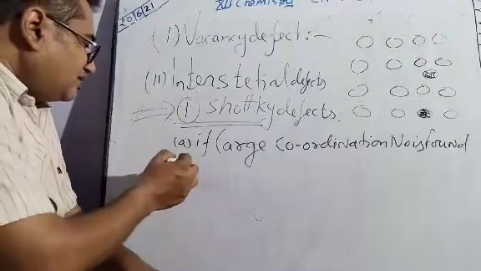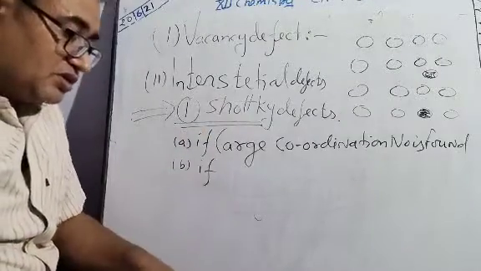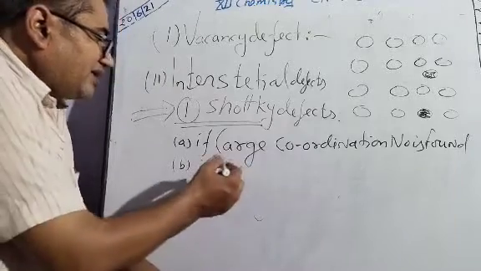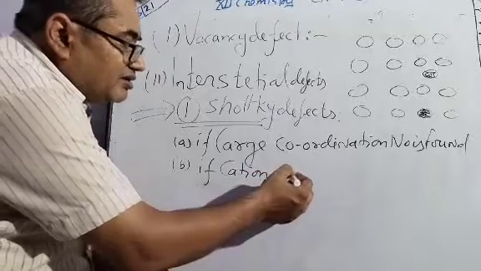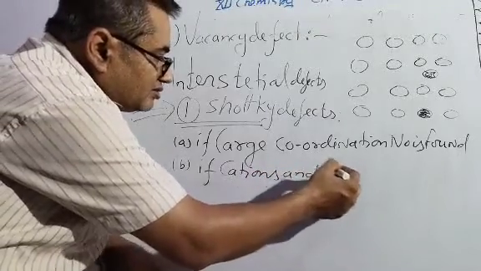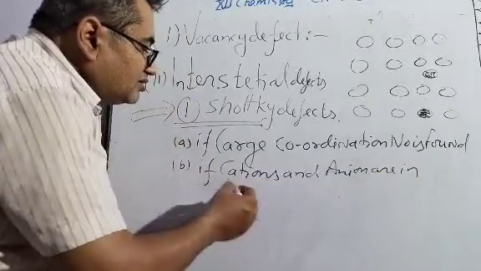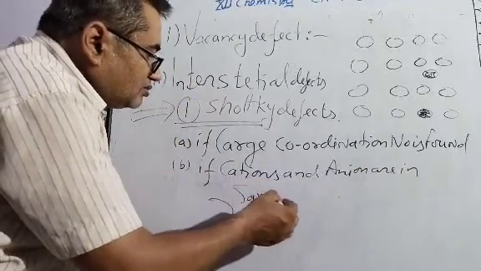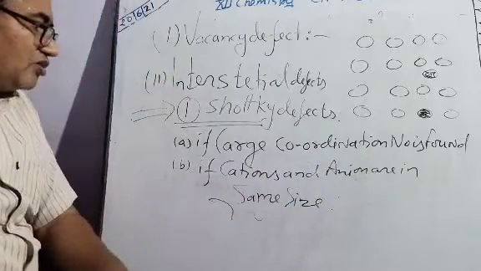And second, if cations and anions are of the same size, then Schottky defect is found.